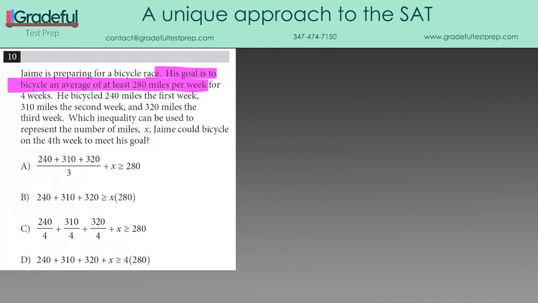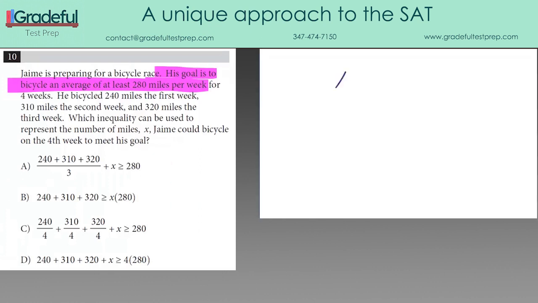So what that's basically telling us to do is to set up a statement that says that the average we're talking about here is at least, it's greater than or equal to 280. Now, at least is the same as greater than or equal to, because if I'm at least a number, that means that being that number is okay, and being greater than that number is okay. So the average is greater than or equal to 280. Now, a nice easy concept here is that the average is the sum over the number.